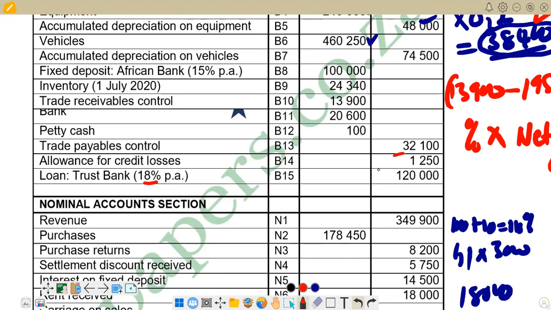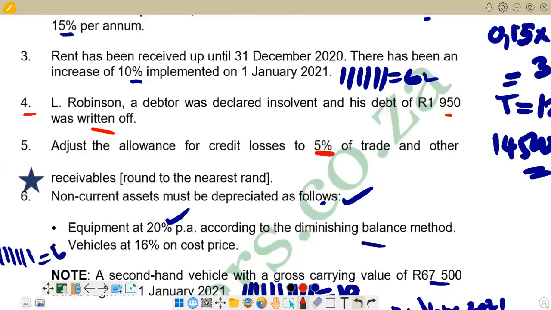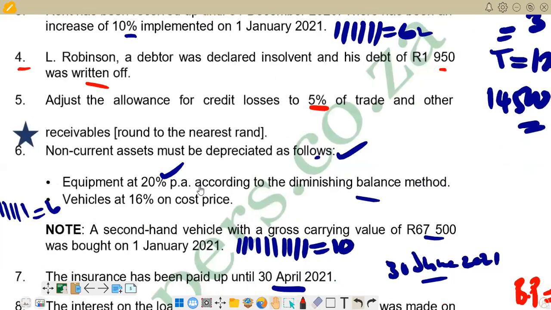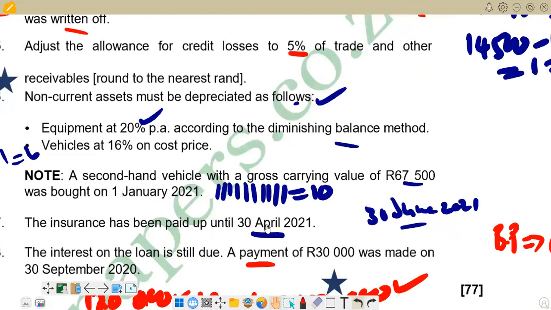And then we are also going to add some accrued expenses that we have. We just take them from the question. We have insurance that we accrued, and interest on loan that we accrued. So if you come to additional information, we have insurance that we accrued. Remember, they say the insurance has been paid up to 30 April.